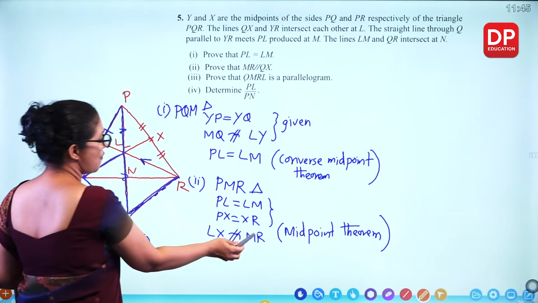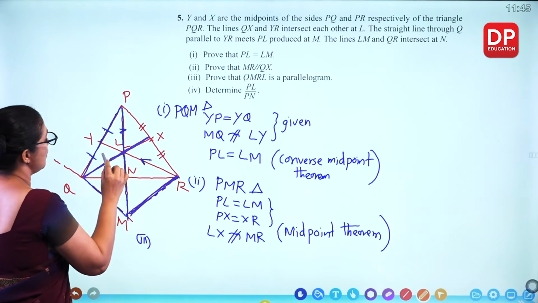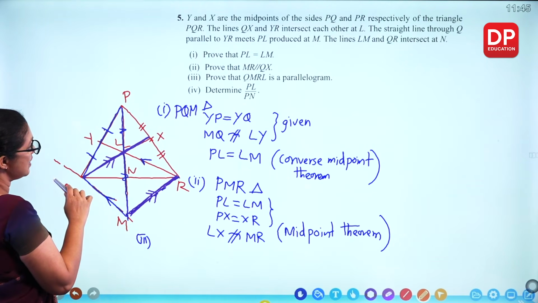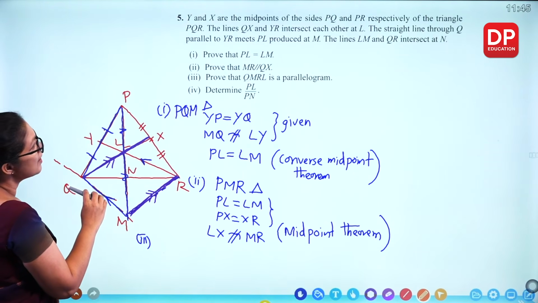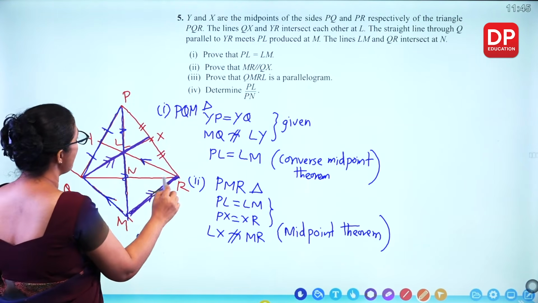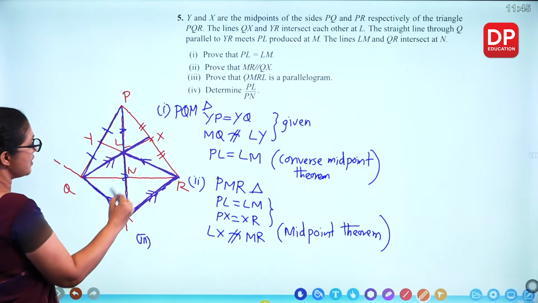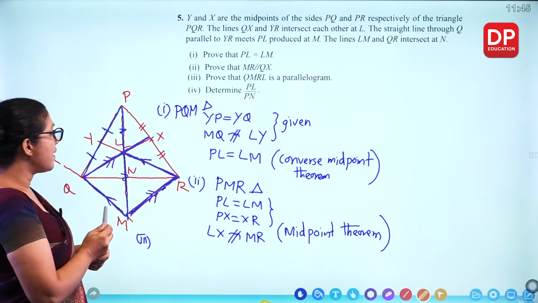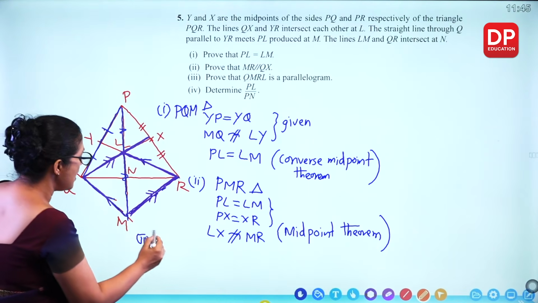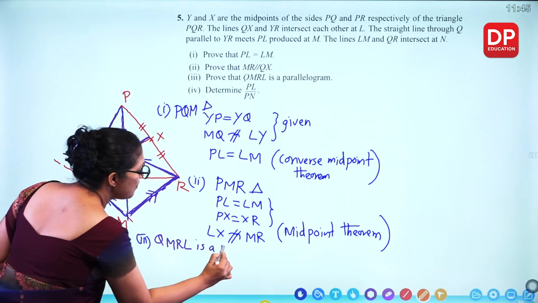So here from the previous part we found that this one is parallel to this side, and what's the other side? QM and LR. This side is parallel to this one, already given. So opposite sides are parallel means QMRL is a parallelogram. So we'll write down QMRL is a parallelogram.